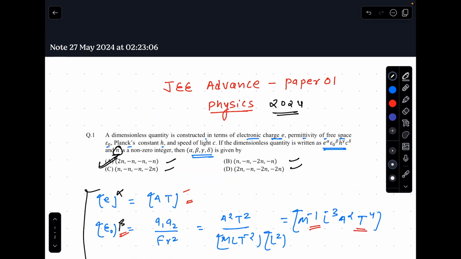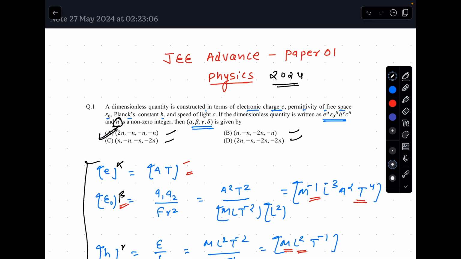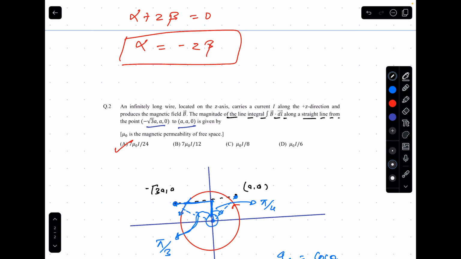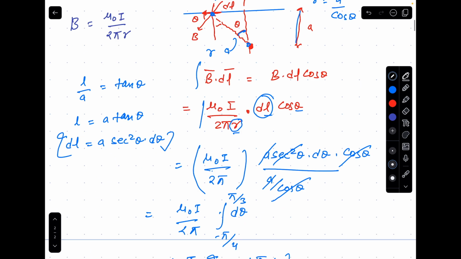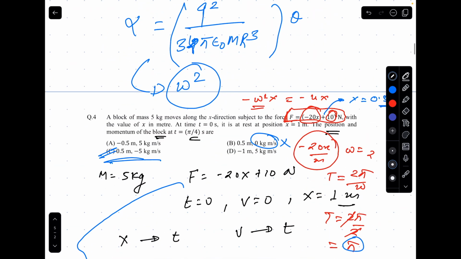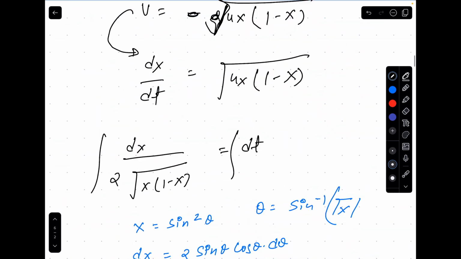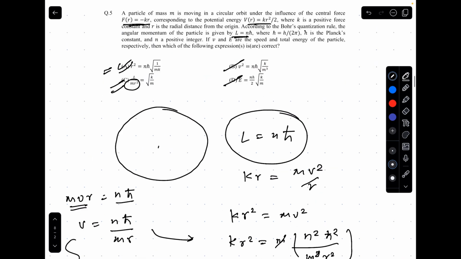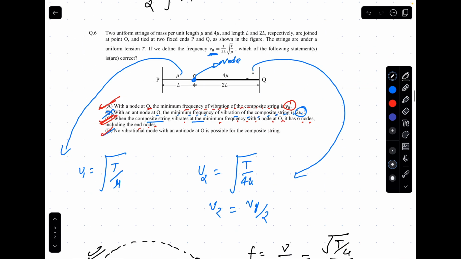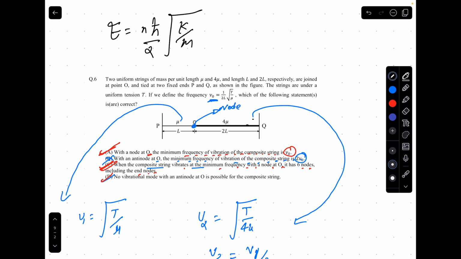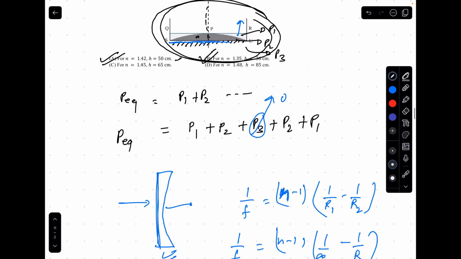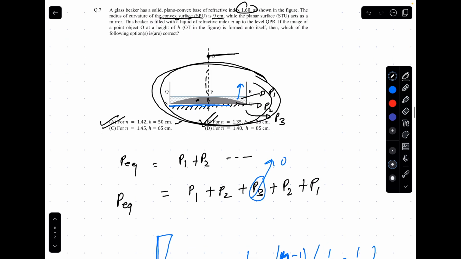So the first question, A option. Then second question, A option. Third question, B option. Fourth question, C option. Fifth question, A, B, C, D, all of them correct. Sixth question, ACD correct, and seventh question, A and B correct.